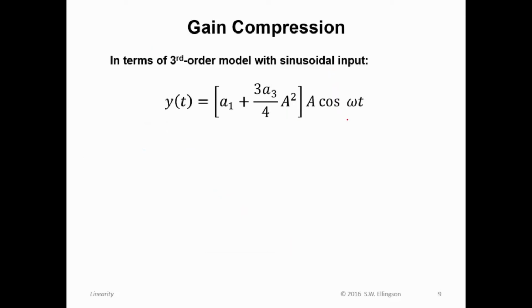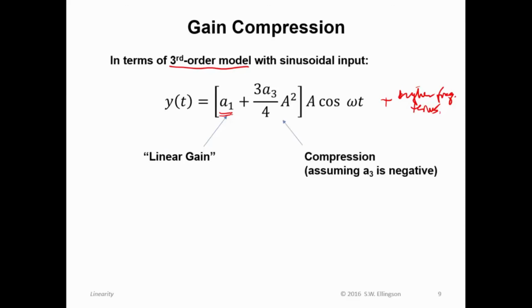However, if I do know that I have a third order model with sinusoidal input, I know the fundamental looks like this. Of course, there are higher frequency terms, but we're not interested in those at the moment. We're just going to pay attention to the fundamental. And we know the fundamental consists of a linear gain term, in other words, what we would get if we were perfectly linear, and then a compression term.